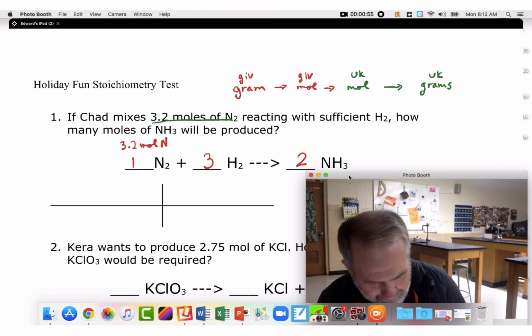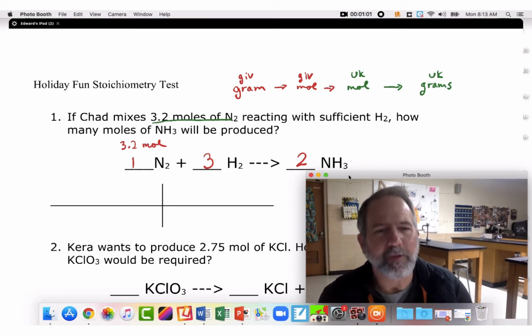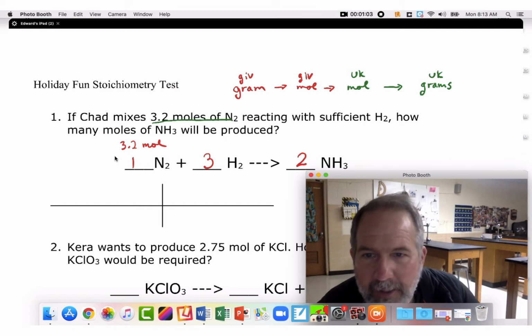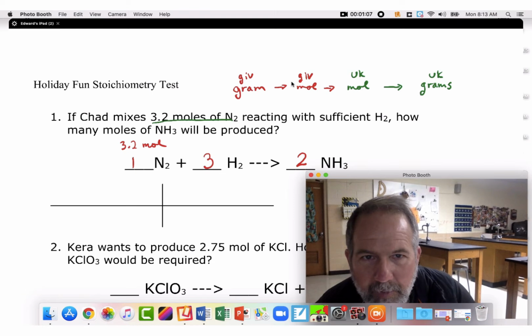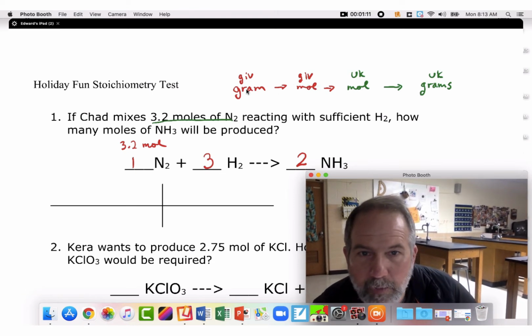I don't have to write nitrogen because I wrote it above nitrogen. The reason I changed colors is because 3.2 moles is the given. That's what I'm starting with, right? So I wrote it in red. It's not grams this time. It's going to be moles.